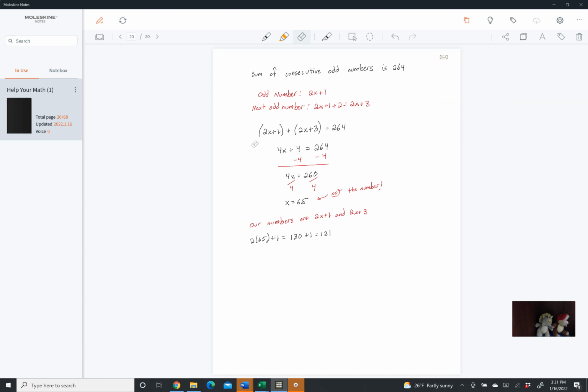And you can find the second number by either plugging in 2 times 65 plus 3, or you know that these are consecutive odd numbers, the next number is 133. That is completely up to you. I'll do it like this just so that you see what we did, but it's going to be easier just to say the next consecutive odd number is 133.